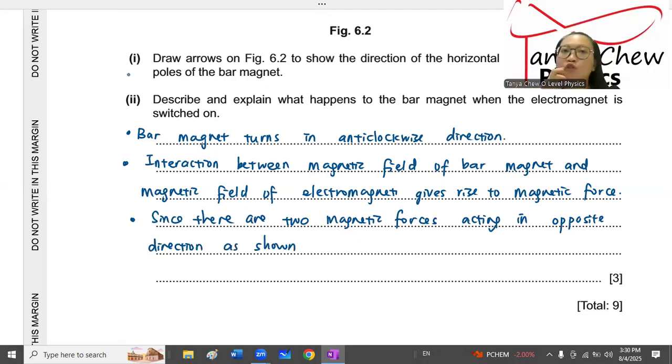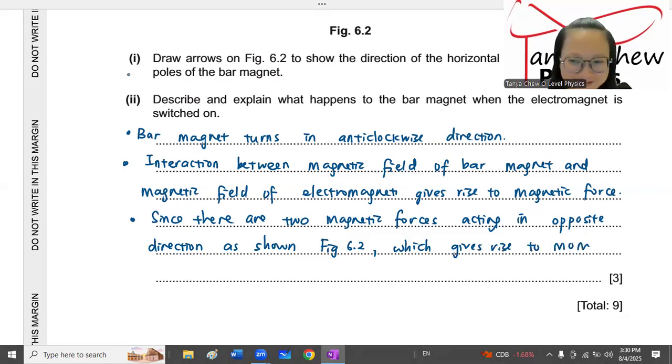Okay, I want to direct the examiner to see my diagram, Fig 6.2, right? Which gives rise to moment. Right? Moment causes turning effect. Right? Which gives rise to the couple. Or you can say couple.